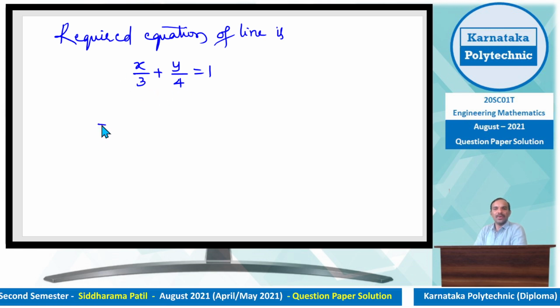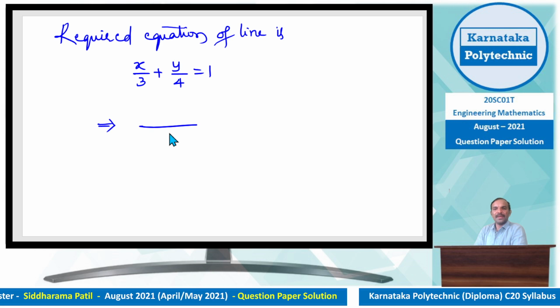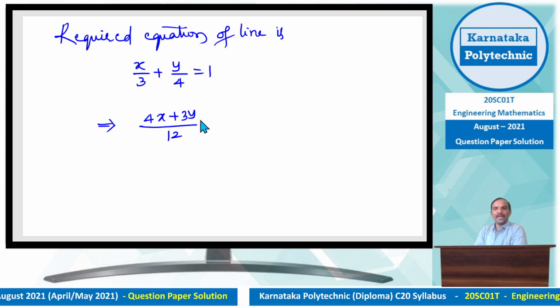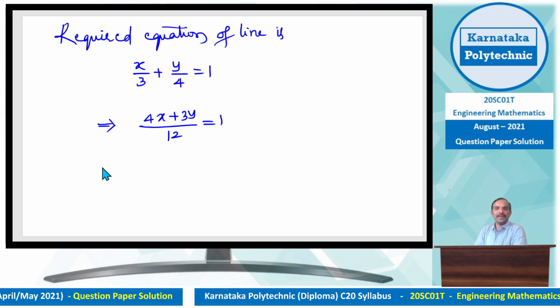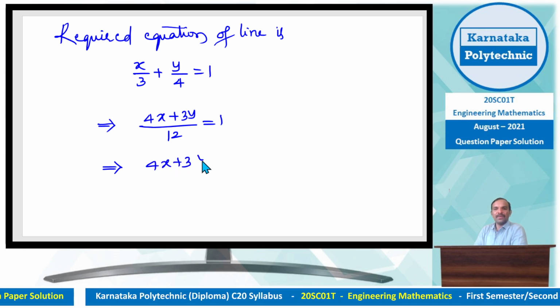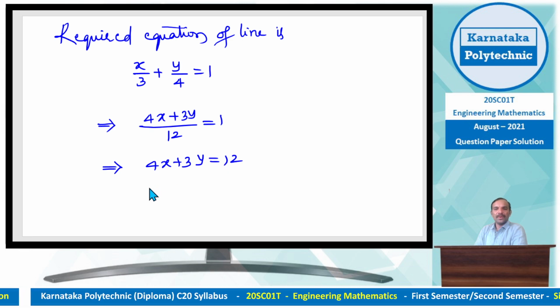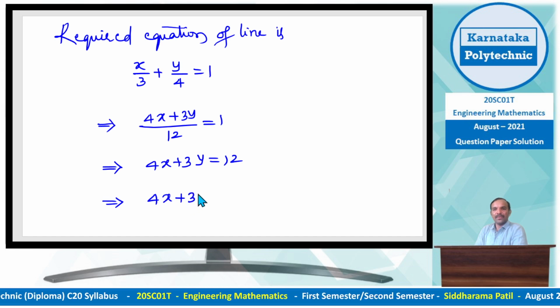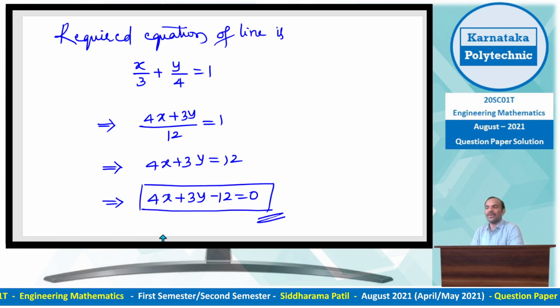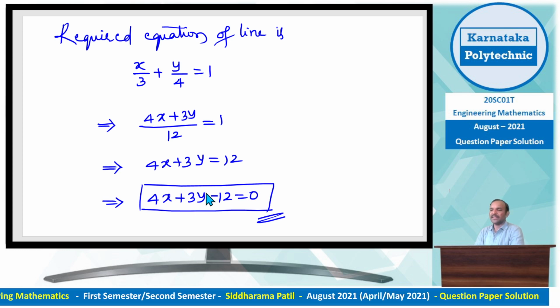LCM is 12, so 4x plus 3y equal to 12 after cross multiplying. Therefore, 4x plus 3y minus 12 equal to 0. This is the required equation of the straight line. Next, moving to next question.